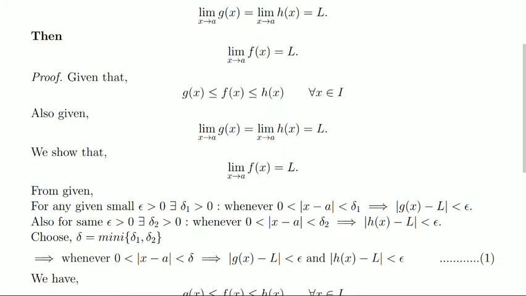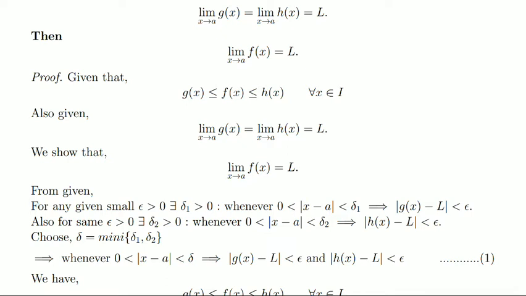From the given, for any given epsilon greater than 0, there exists delta 1 greater than 0 such that whenever 0 < |x − a| < delta 1, this implies that |g(x) − L| < epsilon.